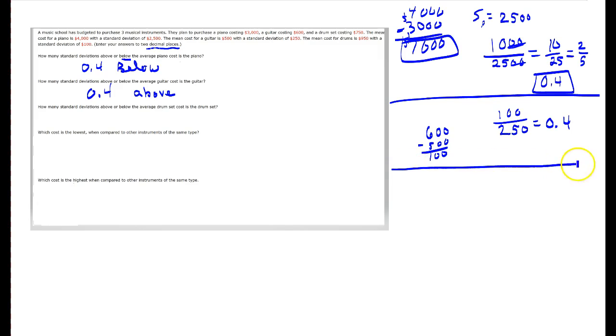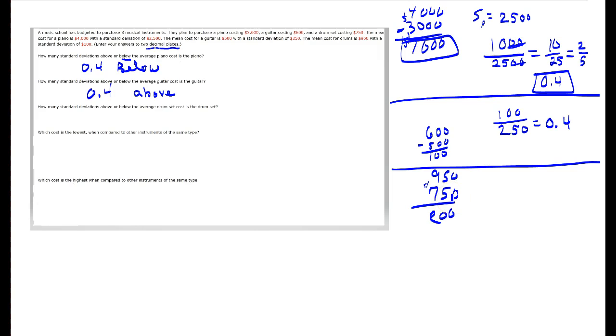All right, let's go to the next question. And here we're talking about the average drum set. So again, the cost is going to be $750, what we plan to purchase. And then the mean for a drum set is $950. So let's take the difference between the two, which looks like $200. This time, are we going to be above or below?